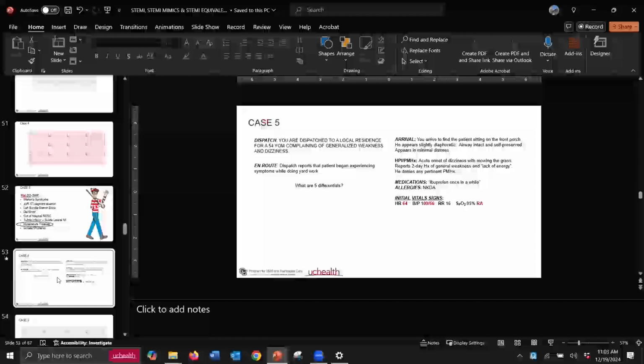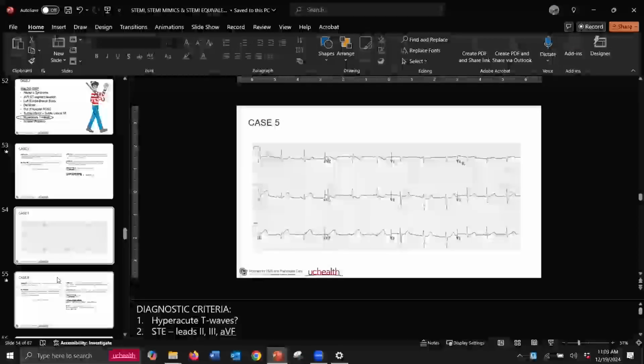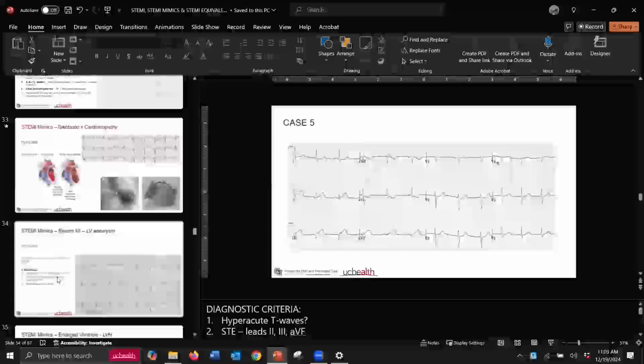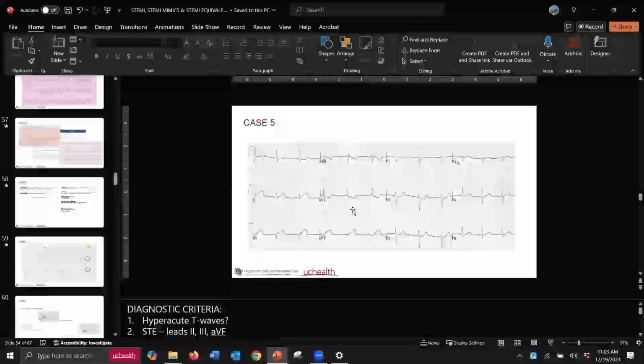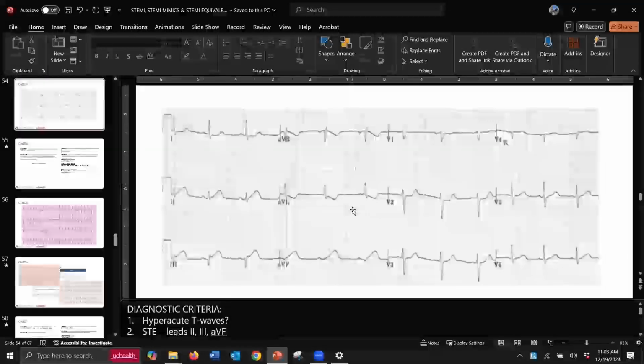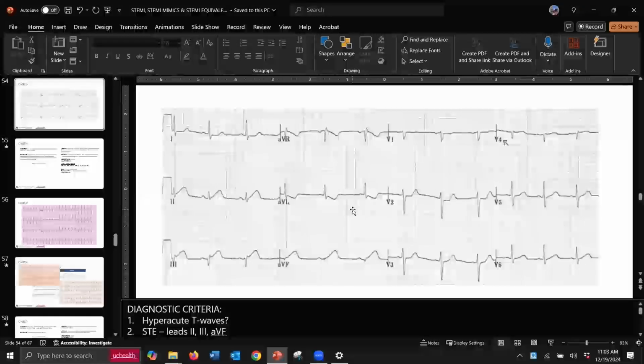BGL and 12 lead. BGL is 109. 12 lead is this. Elevation in 3, yep, and aVL. Depression in aVL, and in 1, kind of, and 2.